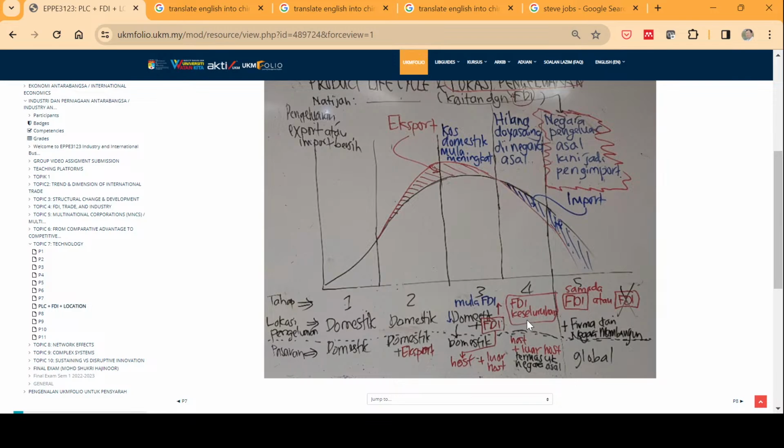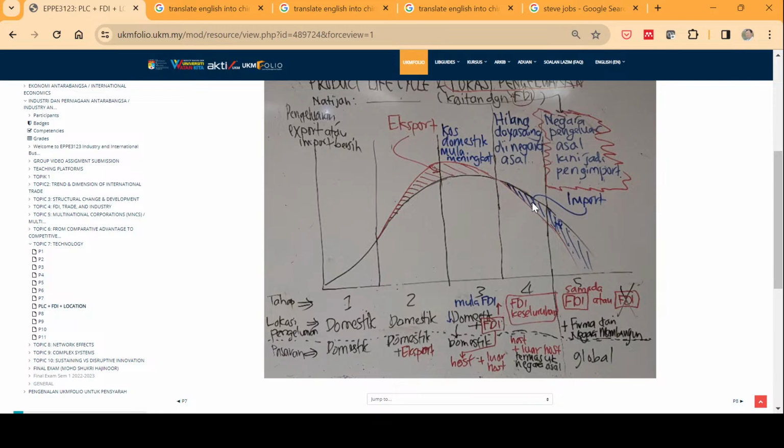So the country now, the USA, is beginning to import TV, the product that the USA was the only country at that time that had the knowledge and technology on how to produce, and had the capital, the money.